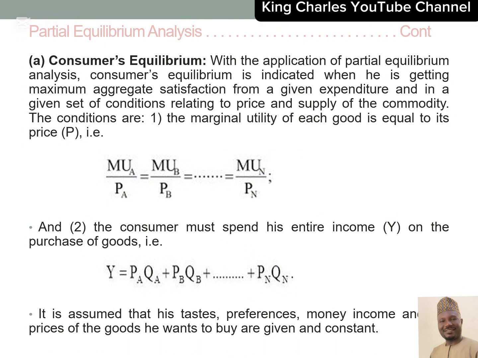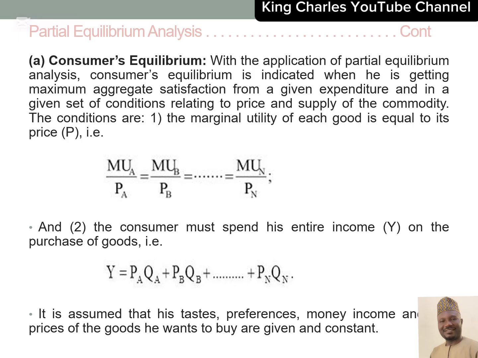In other words, when the marginal utility of each good is equal to its price. The conditions are as follows. 1, when the marginal utility of each good is equal to its price.